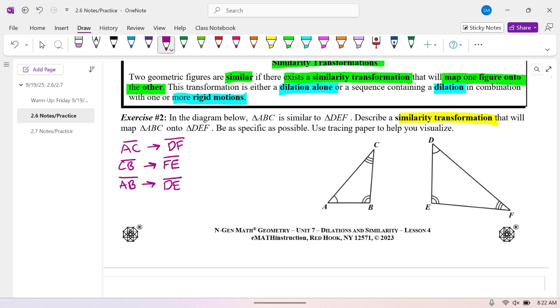All right. So now that we know where our corresponding sides are, we can now figure out what's kind of going on. So first off, what is one transformation that you think happened? Definitely a rotation of some kind. All right.